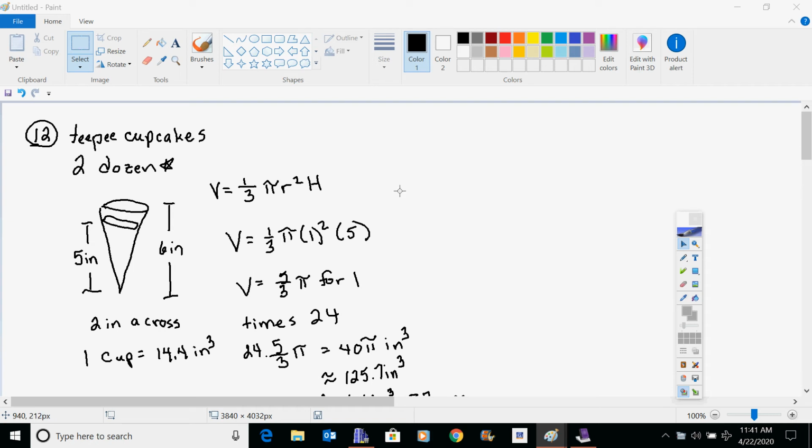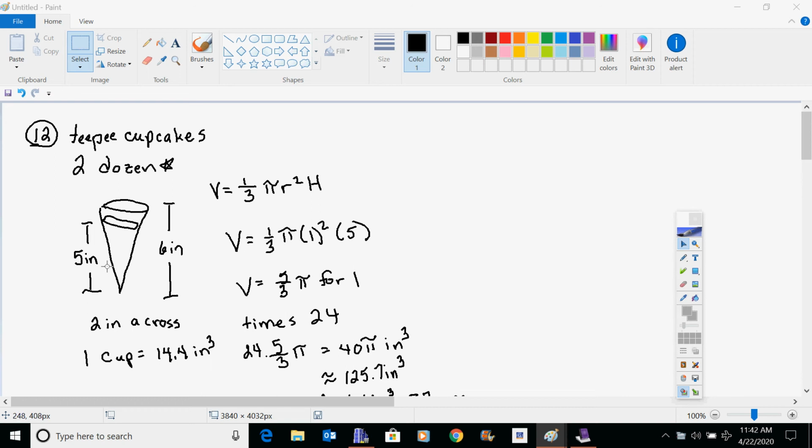The first question that was asked was about those Teepee Cupcakes. They said you needed to make 2 dozen of the cupcakes and that the ice cream cones you were using to make them were 6 inches tall. It also said the batter was only going to be filled to within 1 inch of that level.